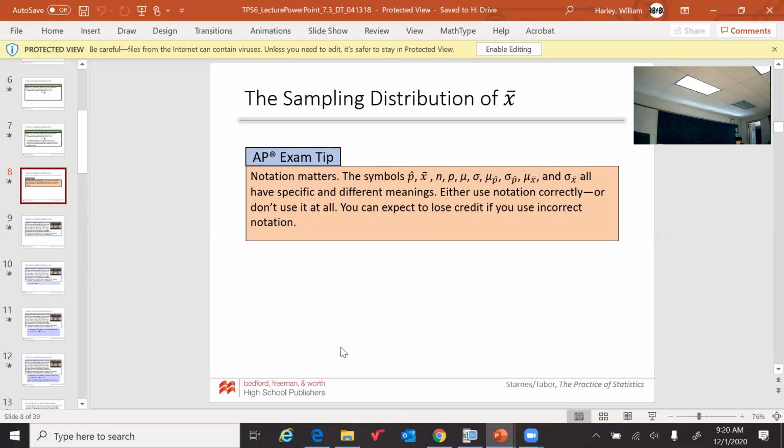p hat is the sample proportion. x bar is the sample mean. n is the sample size. p is the parameter proportion. It is the true proportion. That's why I called your attention to that problem on the math type of the PDF. There's a difference between p and p hat. Mu is the population mean.